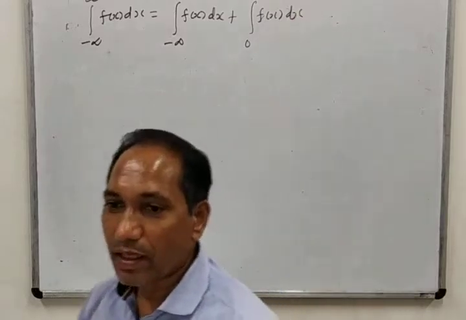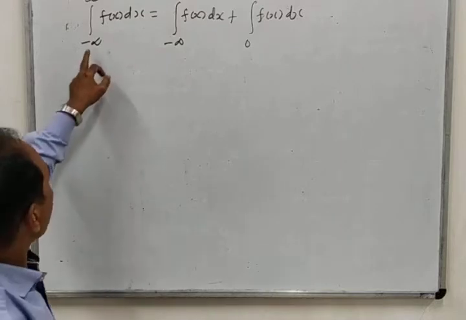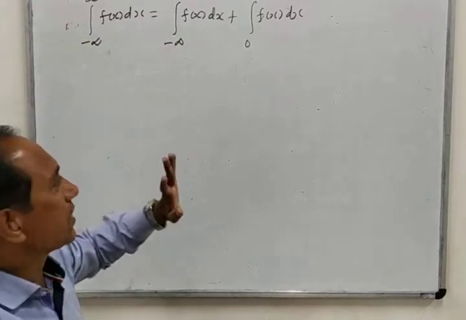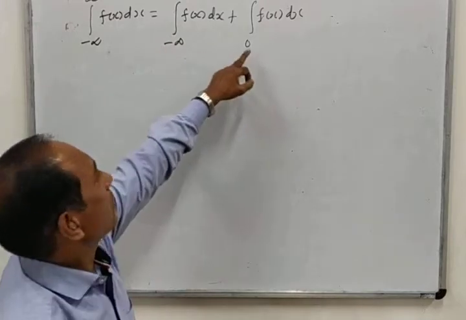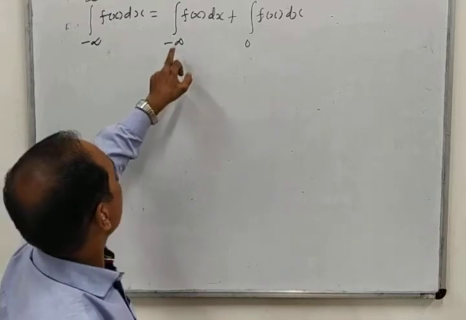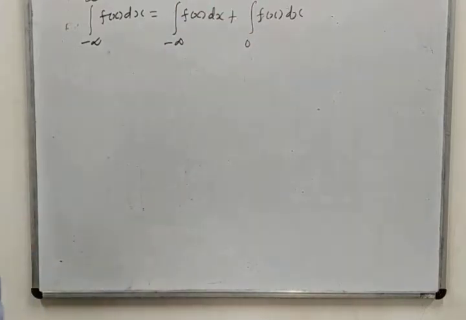So it is very clear that we cannot integrate this directly; it is not advisable. We must subdivide this into two integrals, one from minus infinity to 0 and the second from 0 to infinity.